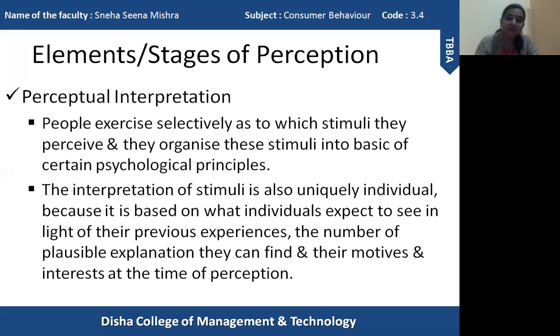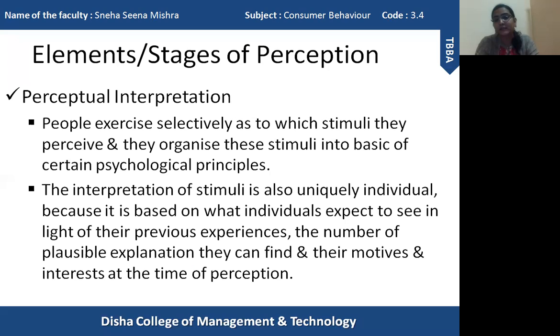Okay, so as human beings, first of all, we are very selective regarding the stimuli: which stimuli we are going to accept and which we are simply going to reject. That also depends upon our interest, our needs, our motives, our requirements. And then we organize them in a proper manner with certain psychological principles.